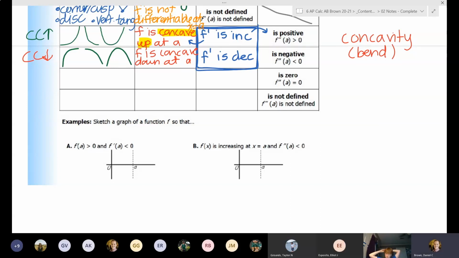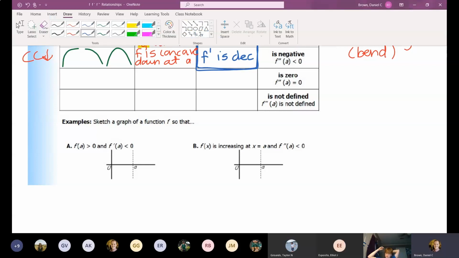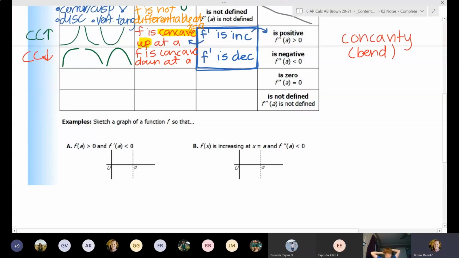For these bottom two rows, they aren't as interesting. I'm going to fill them in so you have a full chart. Looking at that very last row first: if f double prime of a is not defined, then that just means that f prime of a is not differentiable. If we can't have a second derivative, then the first derivative probably was not differentiable.